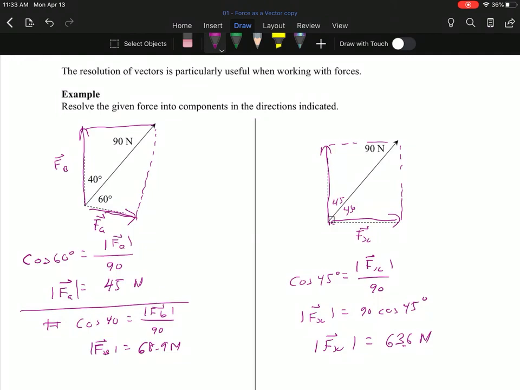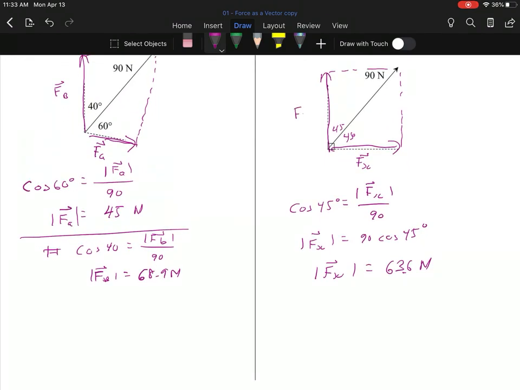Okay, so that's all resolving force is about: find out how much of this force goes into a certain direction. And because this situation is a 45 degree, and that wasn't made really clear on the diagram, the force in the y direction is going to be the same.